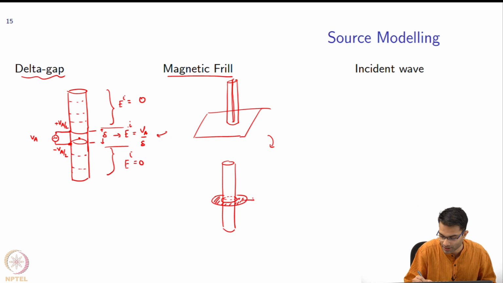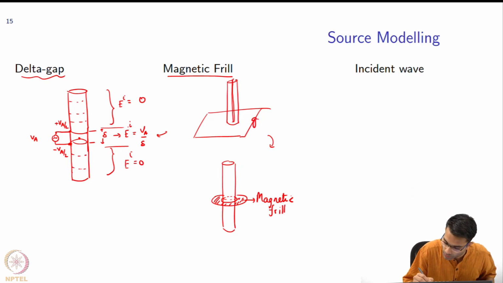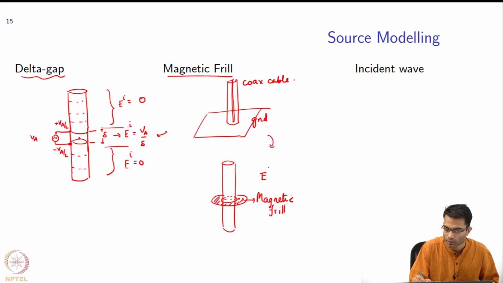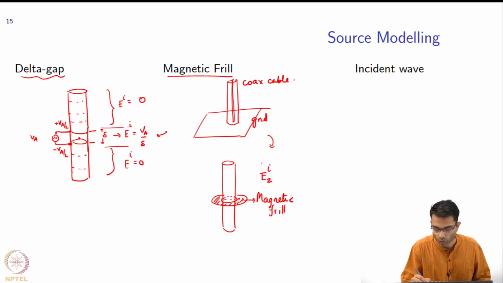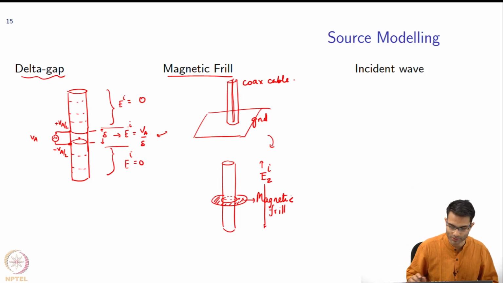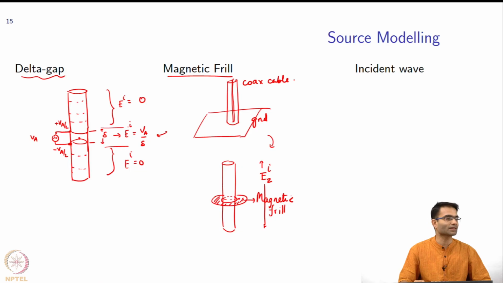So, this thing is called a magnetic frill. This is ground and this is coax cable, and for this magnetic frill there are some equations which give you some EIZ over the entire length. We will not be using this in this discussion, but there is enough literature on it that you can look up.